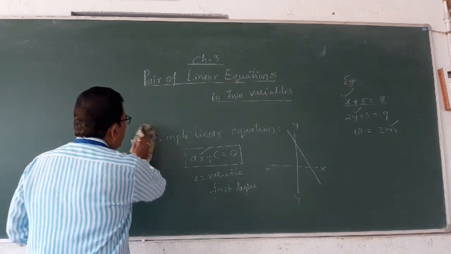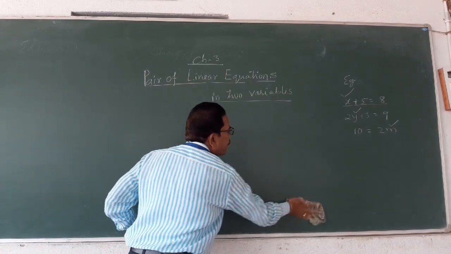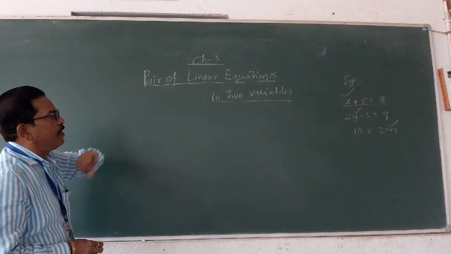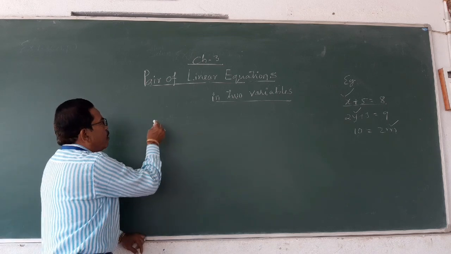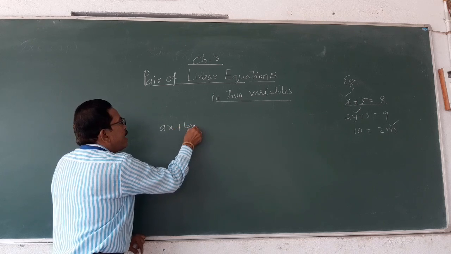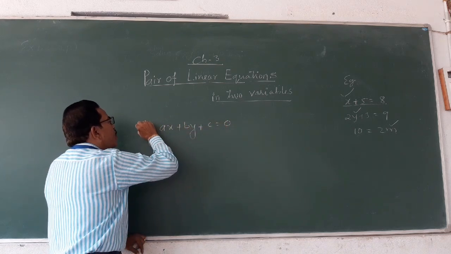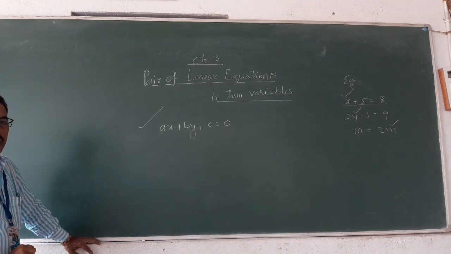Let us consider the normal definition of the pair of linear equations. The equation of the form ax plus by plus c equals to 0 is a linear equation of two variables.